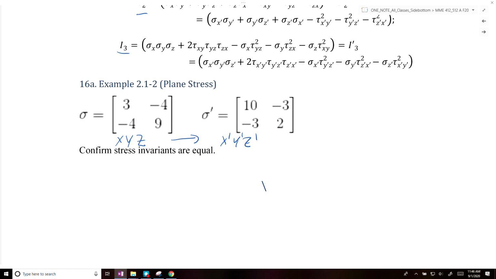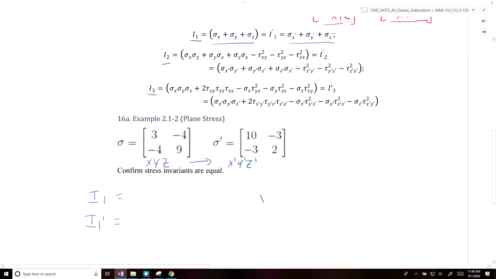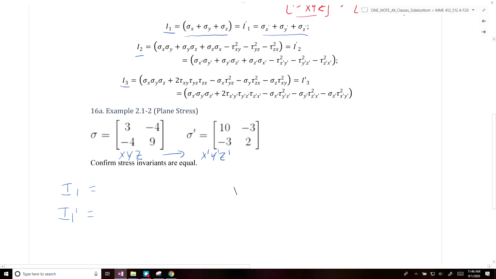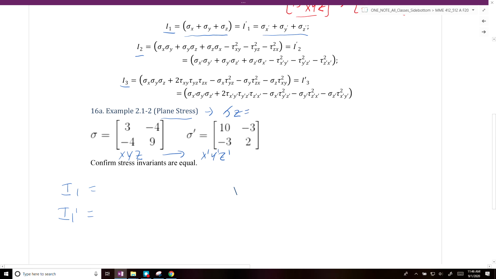Let's just calculate I1 for both of these, for xyz and for x prime, y prime, and z prime. The one thing I will note is that this is a 2D case of plane stress. Since it's plane stress, sigma z, tau zx, and tau yz are all 0.